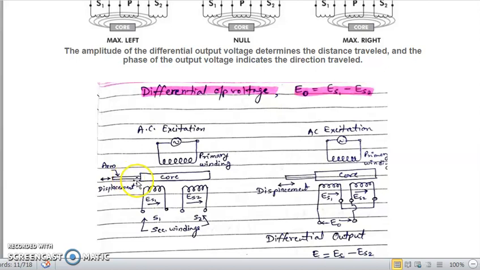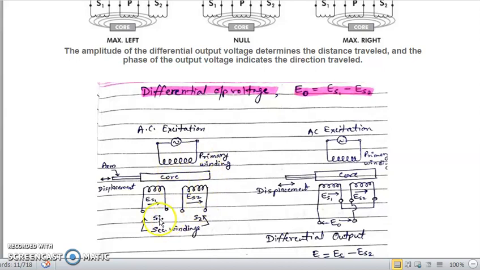This shaft or arm is displaced for the measurement of displacement. Since the core is connected with this arm or shaft, if there is a displacement in the shaft, then the core will move right or left according to this diagram.